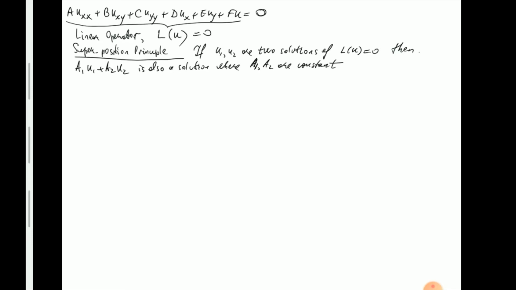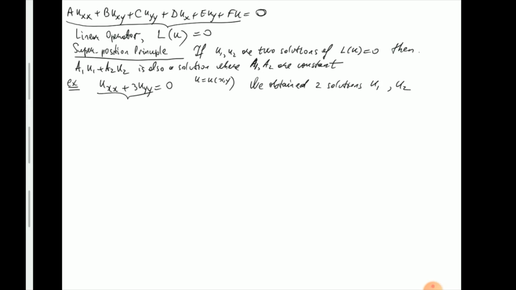So as an example, let's say we have the equation u_xx plus 3u_yy equals 0. You know, an example of a homogeneous PDE in x and y. So in this case, u stands for u of x,y. And let's imagine that we obtained two solutions. Call it u1 and u2.